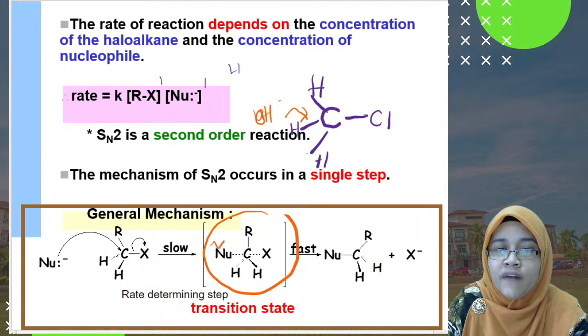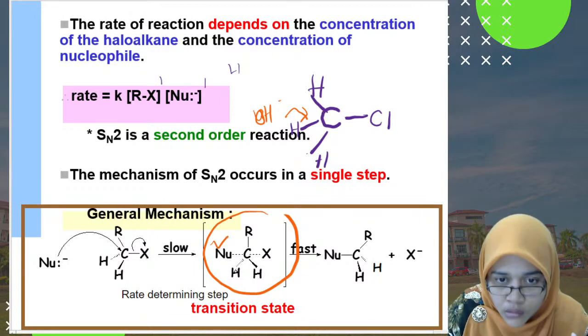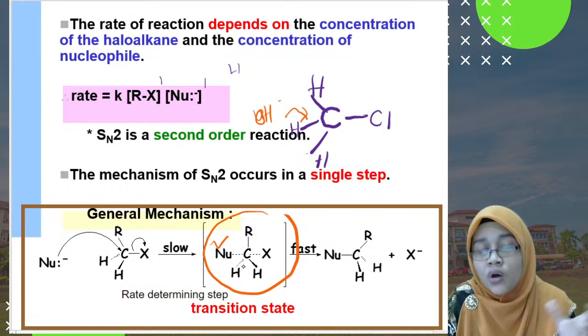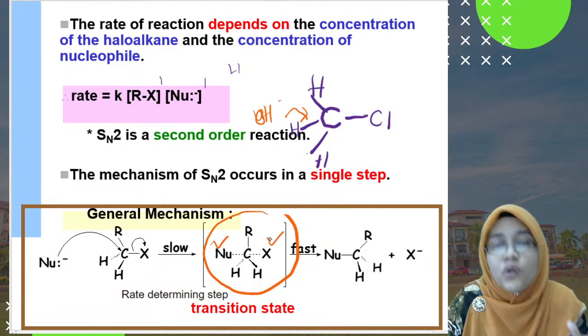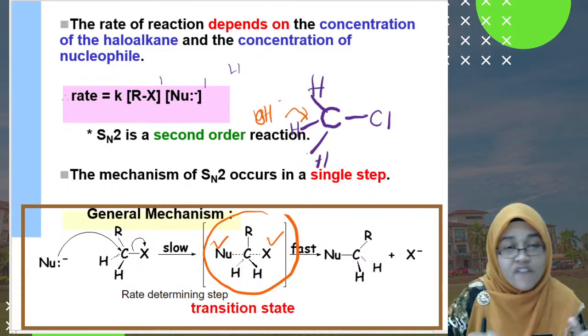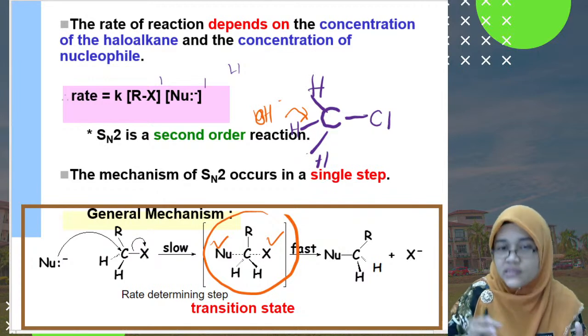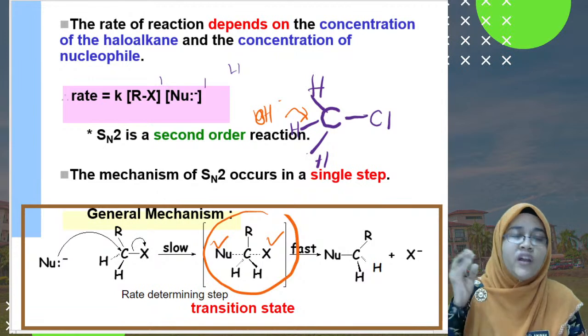The new nucleophile is in the process of forming a bond, and this halogen is in the process of breaking the bond. This is called the transition state. It is very slow to form this transition state. After this transition state, if it's not stable, the reaction is very fast.